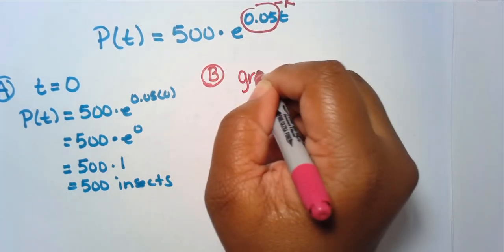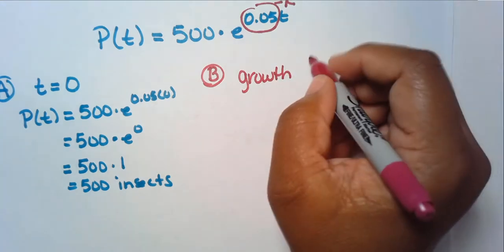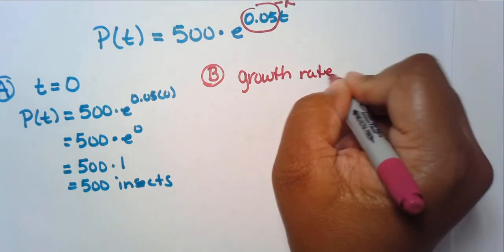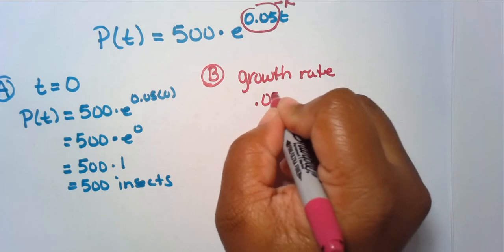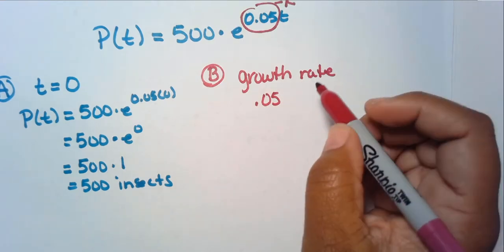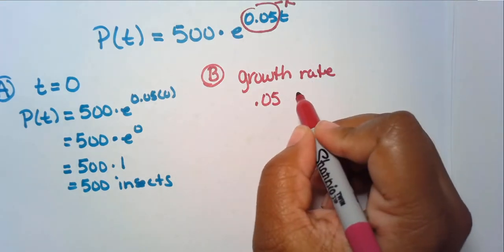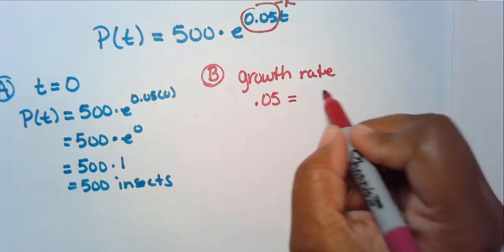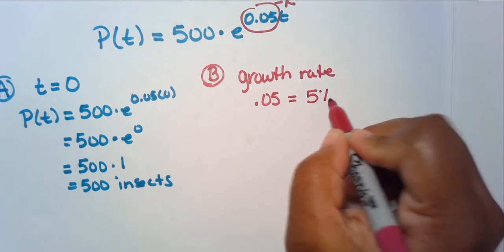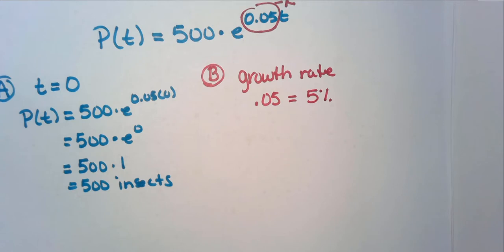So our growth rate, just by looking at the formula, is 0.05. But we're going to write this out as a percentage, and that will give us 5%. All right, next, letter C. It says, what is the population after 10 days?